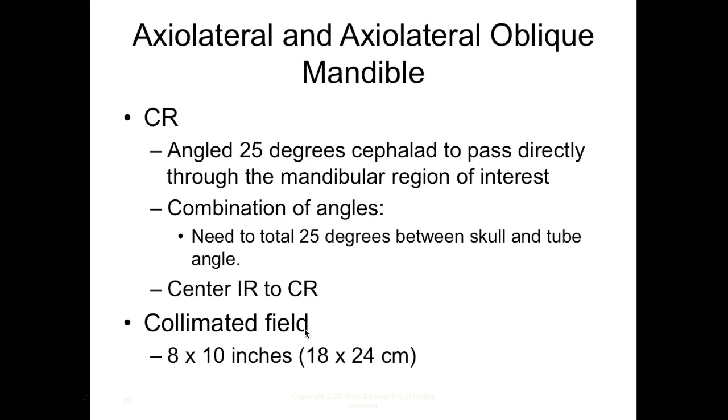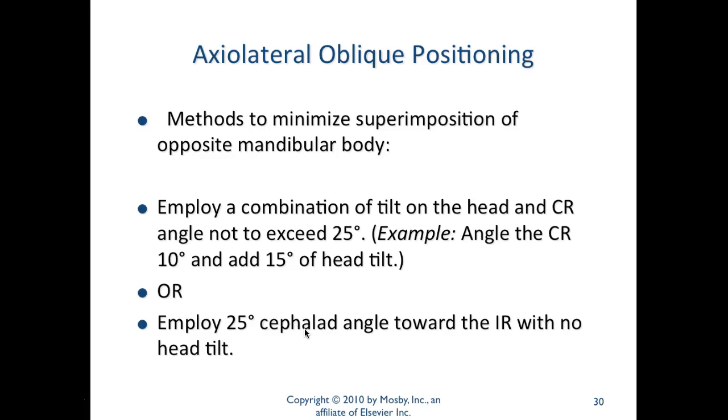So if the patient is able to tilt their head about 10 degrees, you can put a 15 degree angle on your tube. So you'll have to practice this, practice with people that are really small and people that are larger, your hyposthenic and your hypersthenic patients, so that you can figure out the tube angles. You've got to do a combination of the two typically. You're going to collimate to the area of interest.